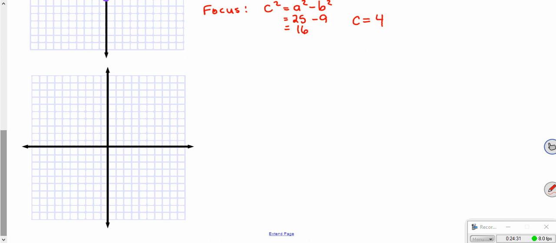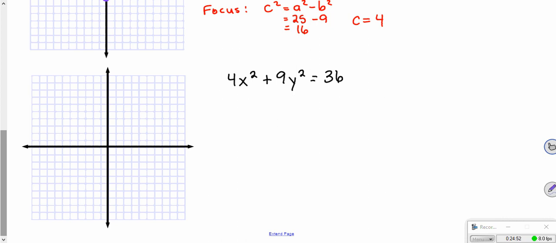Last one here. We've got a little algebra to do first. So we have 4x squared plus 9y squared equals 36. Now, again, basic form of an ellipse, it has to equal 1, right?